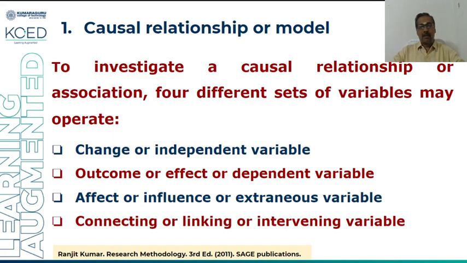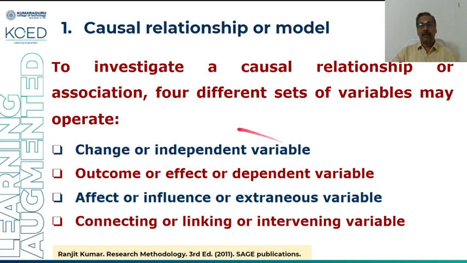So, what is a causal relationship or causal model? To investigate a causal relationship or association, it is governed by four different sets of variables: change or independent variable, outcome or effect or dependent variable, affect or influence or extraneous variable, and connecting or linking or intervening variable.